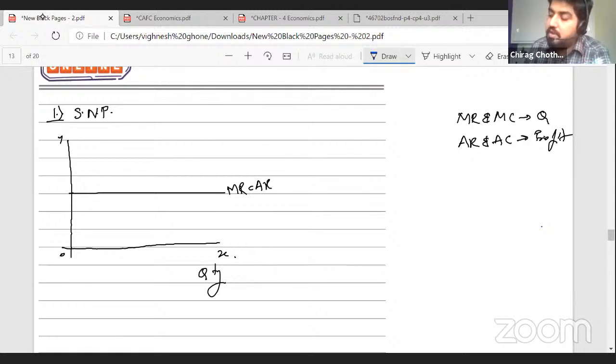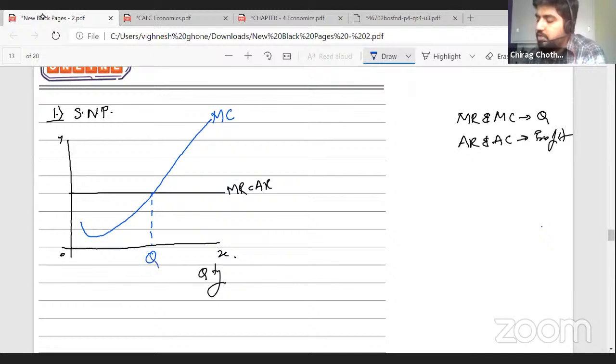Next, we have to draw the MC curve. The MC curve looks like a J shape, but in the syllabus it is given as U-shaped only. So we will remember it as U-shaped, but it looks like J. So this is our MC. When MC cuts MR, that will be our equilibrium level of output. So this becomes our equilibrium quantity.